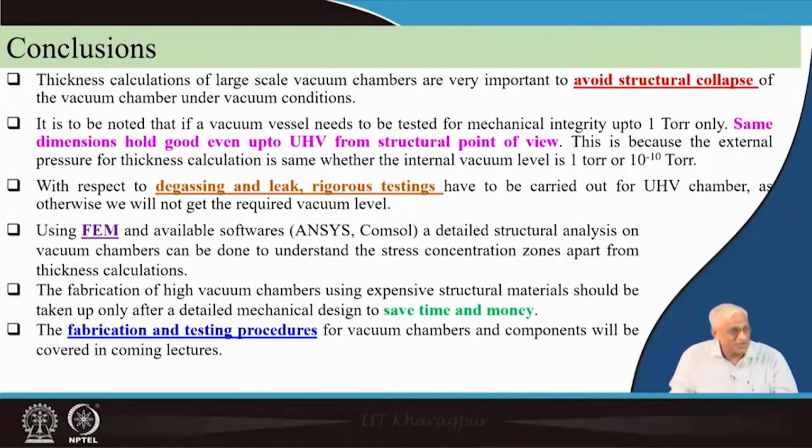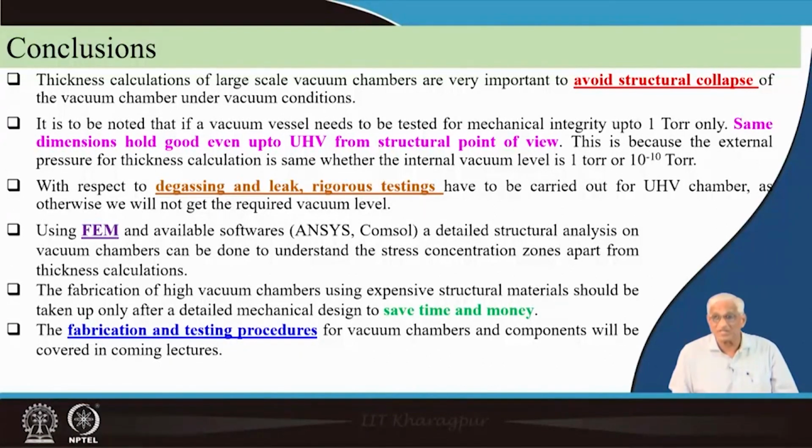That's why we are today discussing the chamber design. Then with respect to degassing or leak, rigorous testing has to be done after mechanical implosion is taken care of. But if it implodes, then we need not do anything because it is no more a chamber, it is junk. Okay.